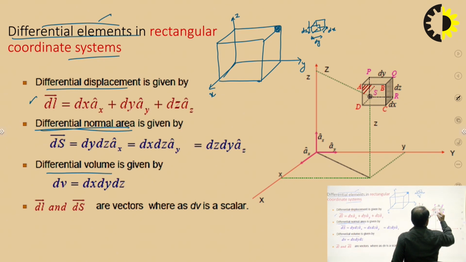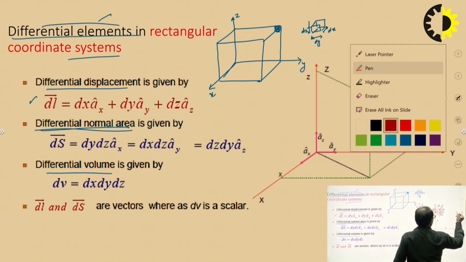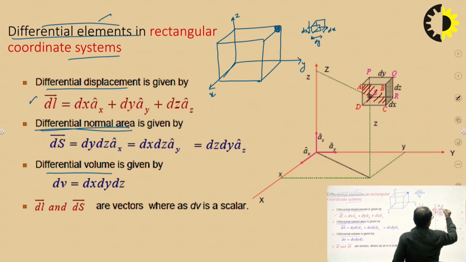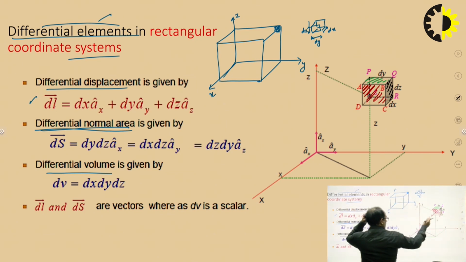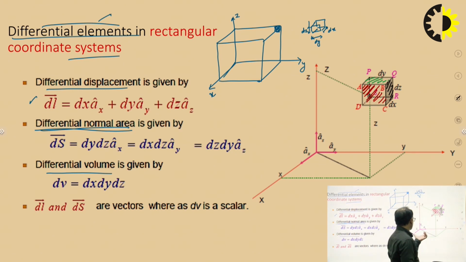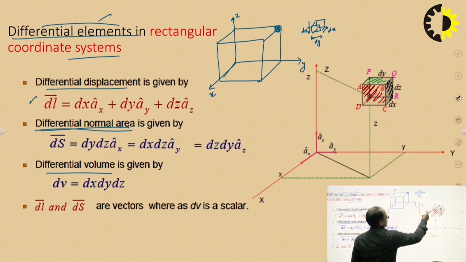One plane will be this one, the other plane will be this one, and the third plane will be this one. So in the first one, this plane having area will be equal to CD multiplied by AD, and this CD is equal to what? dy multiplied by dz.